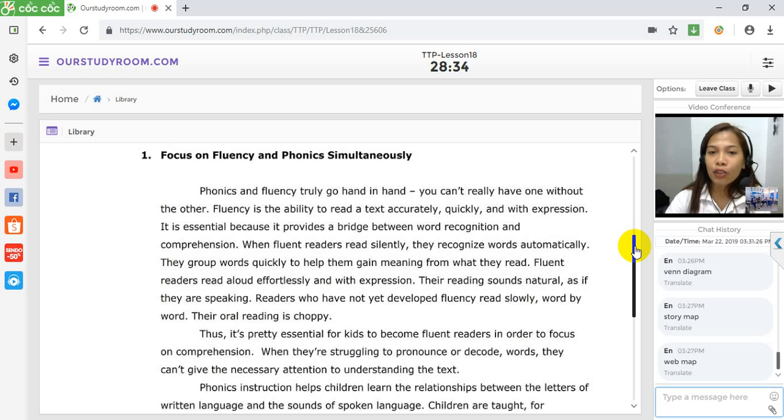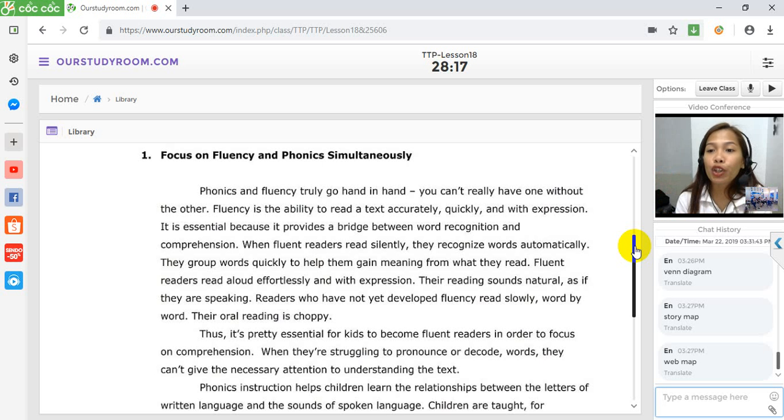Yes, that's right. Of course, you are teaching primary students. In teaching sounds or phonics, you have to start there, because that is very basic.